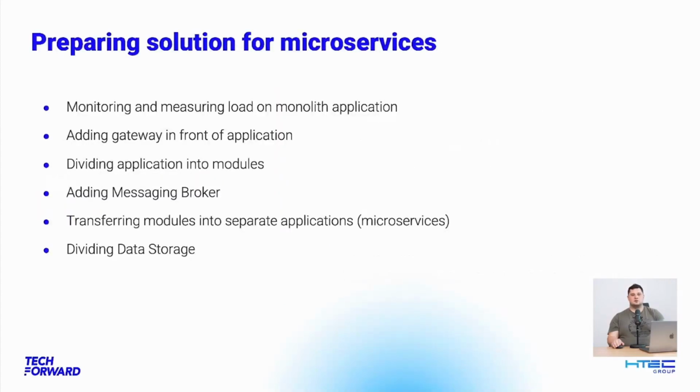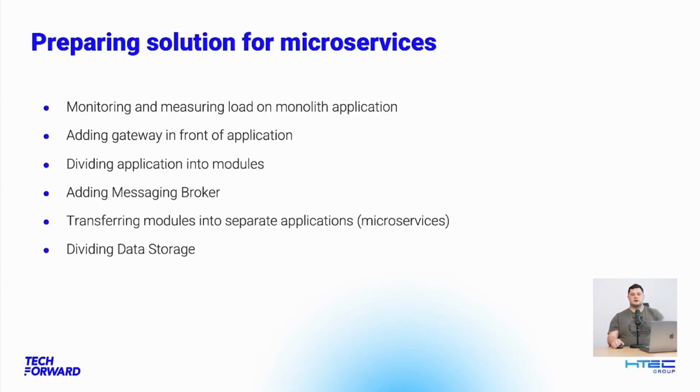As with any project related to architectural changes, the transition from monolith to microservices requires thoughtful and careful planning. Depending on the chosen strategy, the transition could be done in a few ways. In this example, we use domain-driven design to achieve the transition.